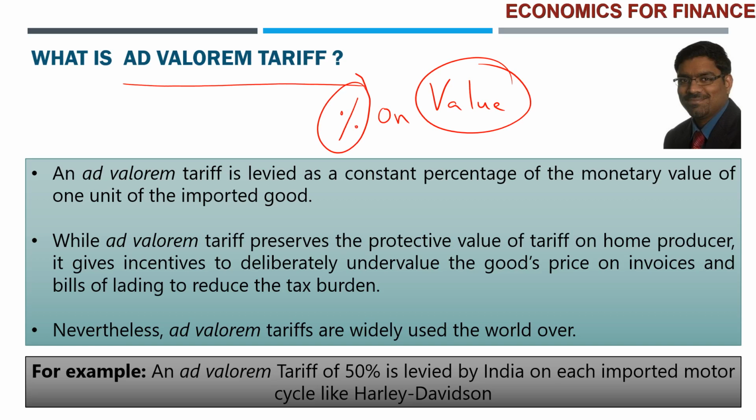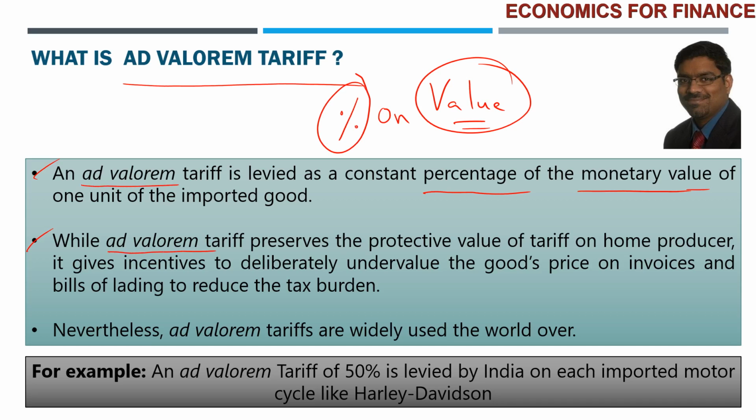So an ad valorem tariff is levied as a constant percentage of the monetary value of the unit of the imported good. It is not based on the quantity, it is not based on the weight or other physical units, but it is based on value. That is why it is called ad valorem. It is a Latin word, so it is generally in italic, that you can understand.